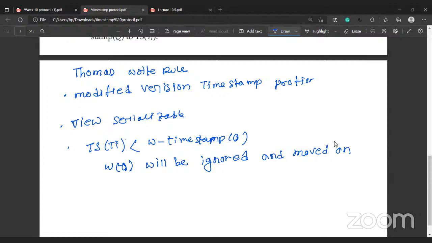Everyone got it? The timestamp protocol is very important; the Thomas write rule is not important.